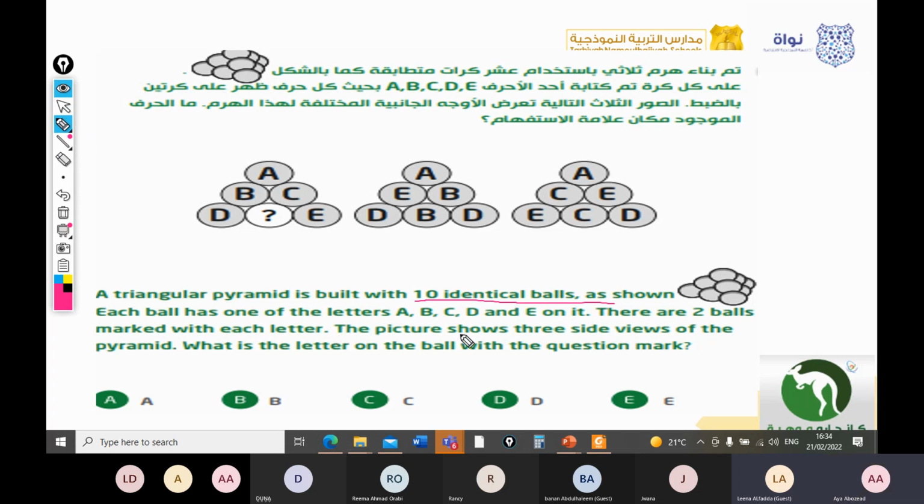The picture shows three side views of the pyramid. What is the letter on the ball with the question mark? The important point here: there are two balls marked with each letter. So what is the missing ball?